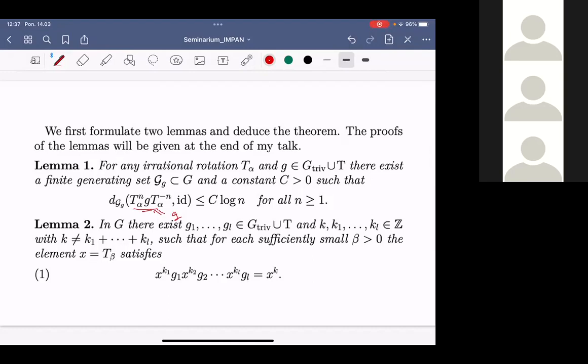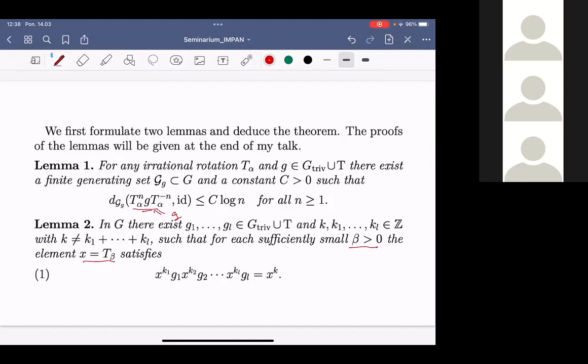And for each sufficiently small beta greater than 0, if we take the rotation with rotation number beta, it will satisfy this identity: x to the power k_1, g_1, x to the power k_2, g_2, and so on, x to the power k_L, g_L is equal to x to the power k. So this identity holds for all T_beta if beta is sufficiently small. This is lemma 2.